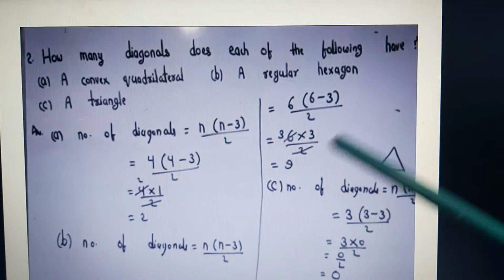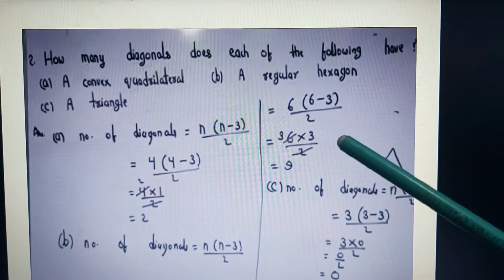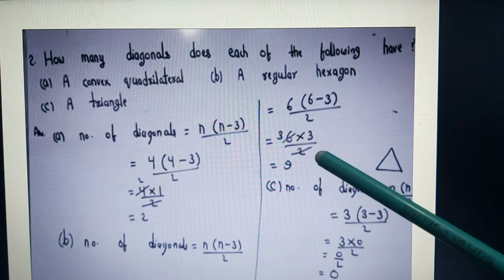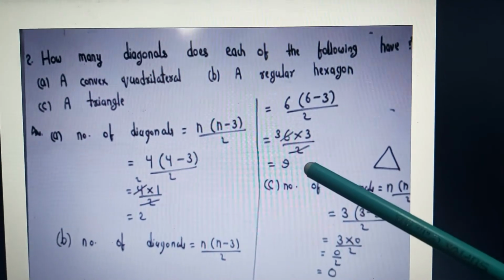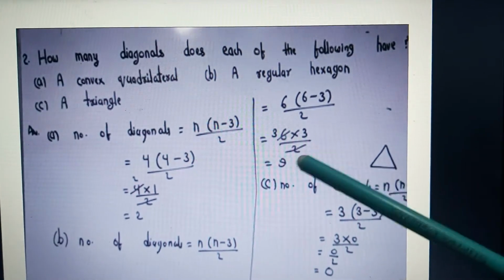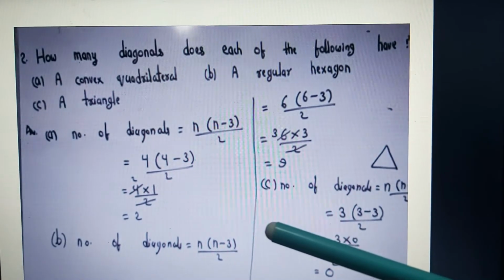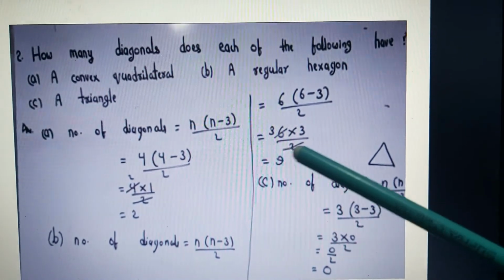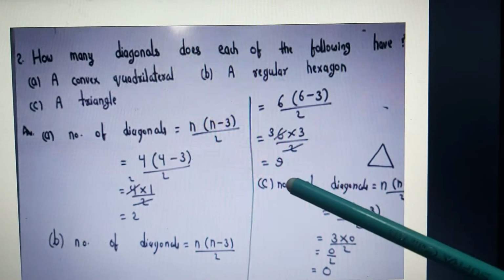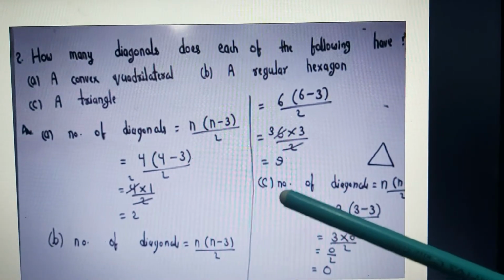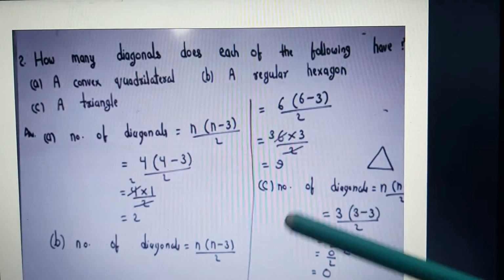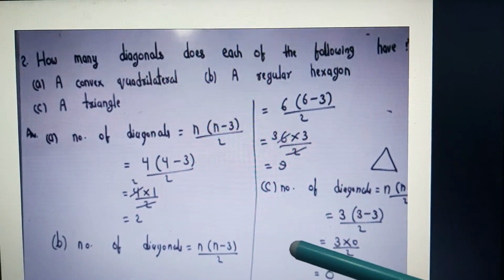So 6 into (6 minus 3) divided by 2, and 6 minus 3 is 3. Here also we can cancel: 2 ones are 2, 2 threes are 6. And 3 into 3 is 9. So the answer is 9 diagonals.